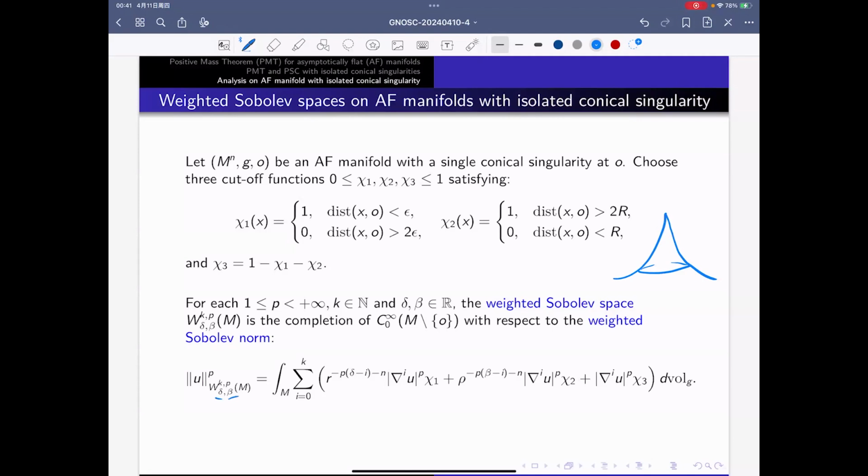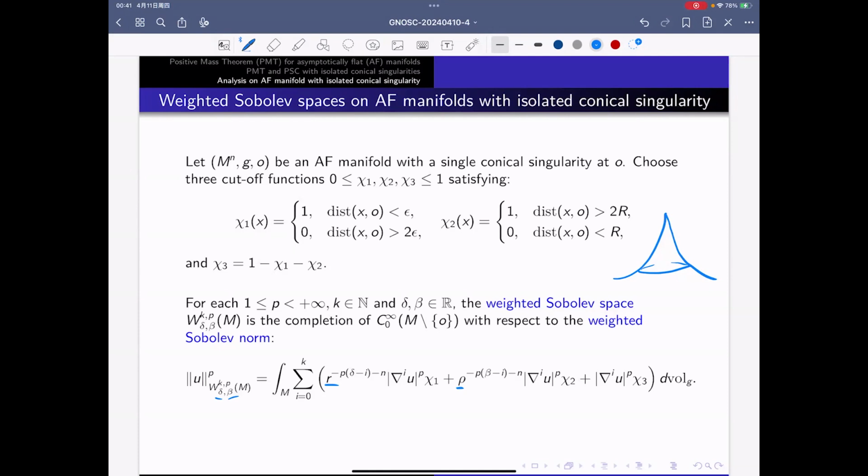Delta is for the conic singularity and beta is for the asymptotically flat end. Here r is the radial coordinate on the conical singularity, and rho is the Euclidean distance on the asymptotically flat end.